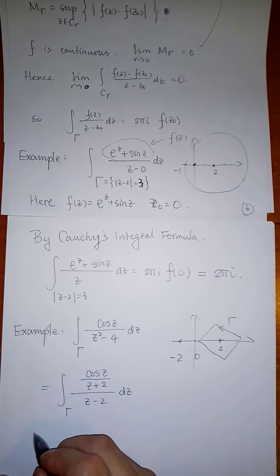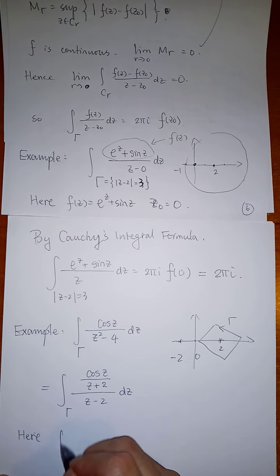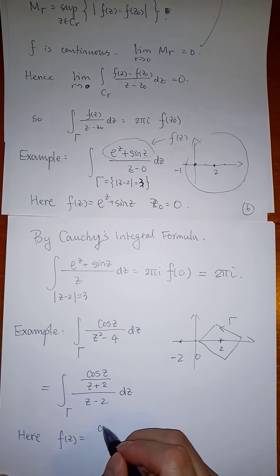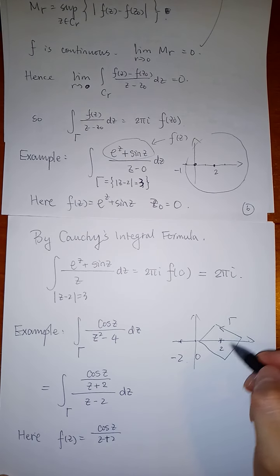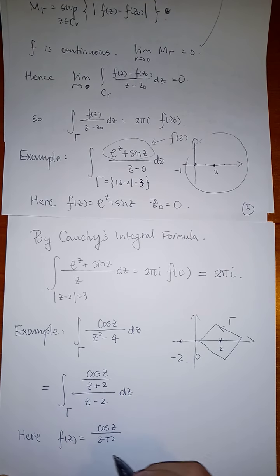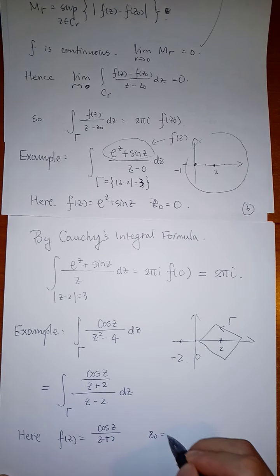So what is the function? Here f of z is cosine z over z plus 2. This function is analytic on the whole interior part of gamma. And z0 is equal to 2.